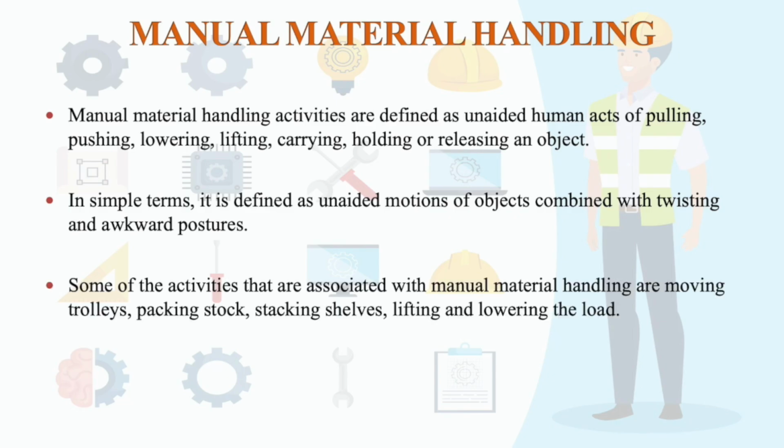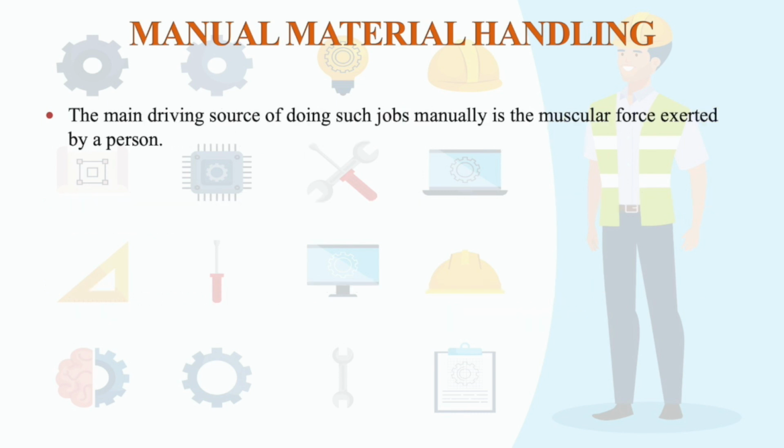Some of the activities that are associated with manual material handling are moving trolleys, packing stocks, stacking shelves, lifting and lowering the load. The main driving source of doing such jobs manually is the muscular force exerted by the person.